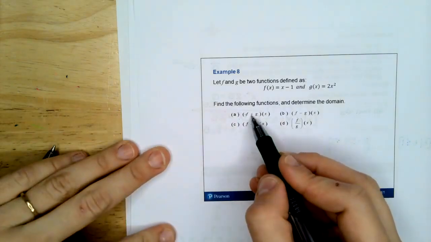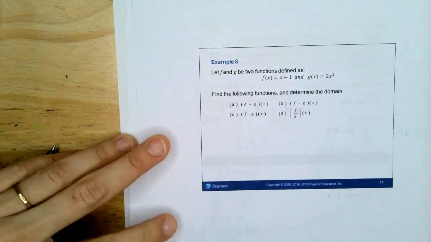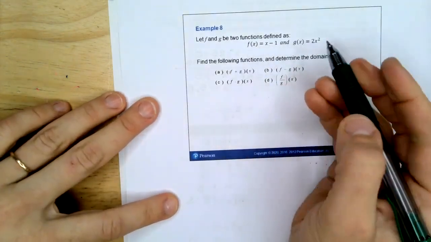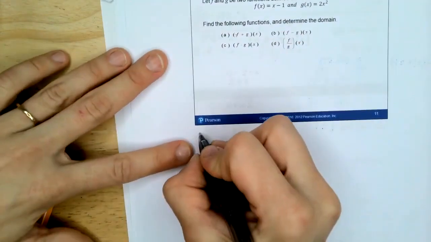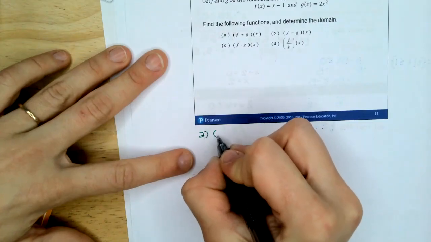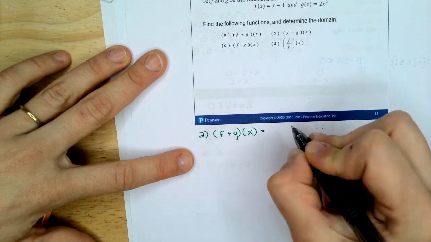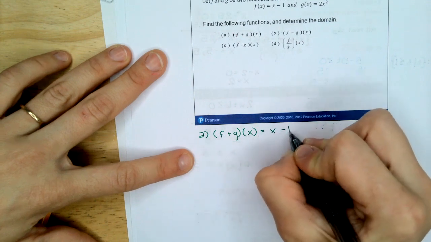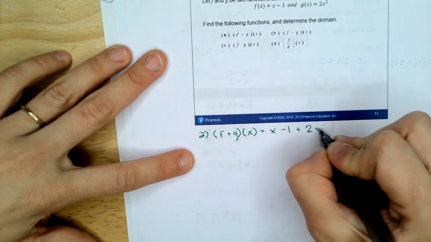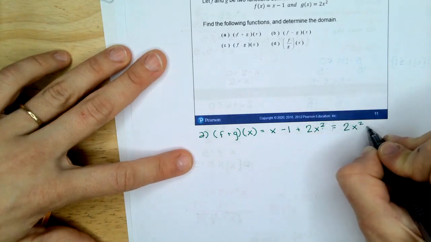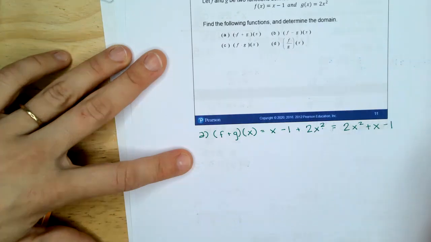A says, what is f plus g of x? That just means we are adding f of x and g of x. X minus 1 plus 2x squared becomes 2x squared plus x minus 1.